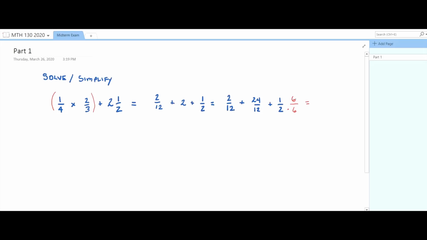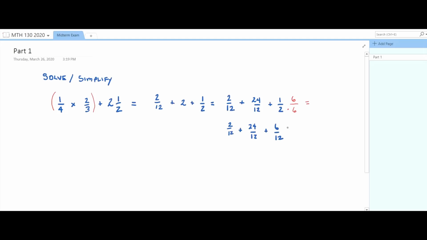And in order to do that, I'm multiplying 1/2 by 6/6. 6/6 is 1. The reason I chose 6 was because I wanted the denominator to turn into 12. So we have 2/12 now plus 24/12 plus 6/12.